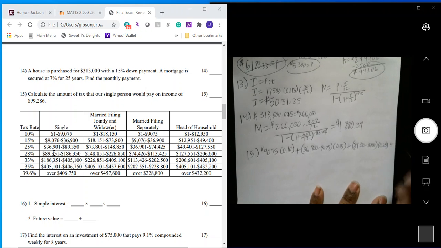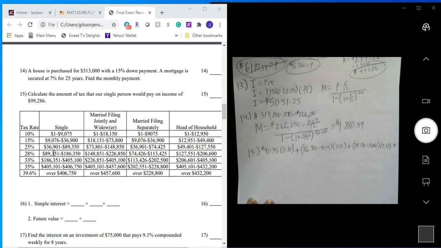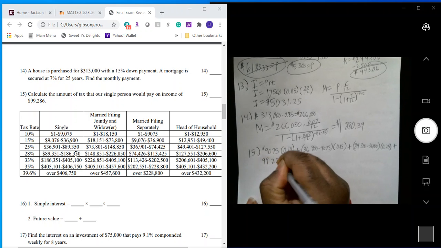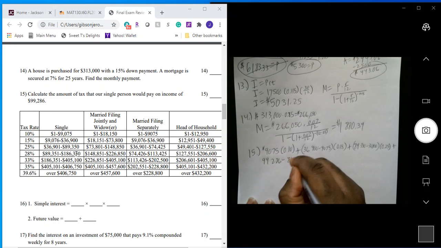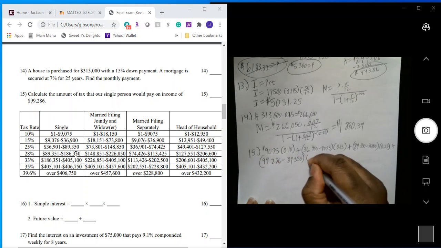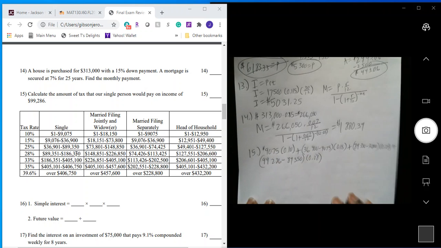Then plus. Now, we would take that salary because the 99,286 falls in between these values. So we'll take the 99,286 minus the 89,350 and multiply that by 0.28.